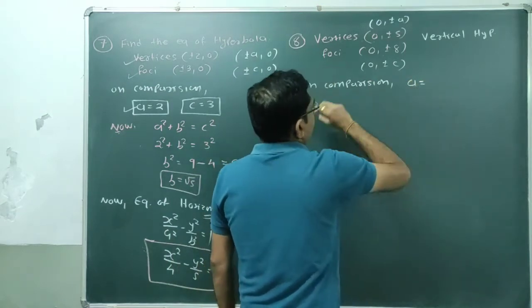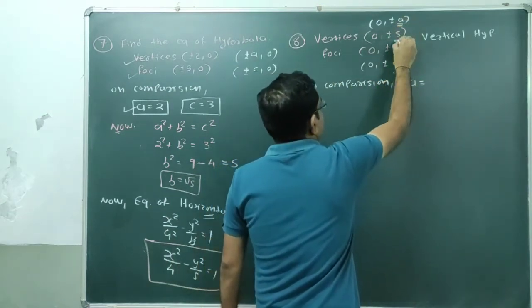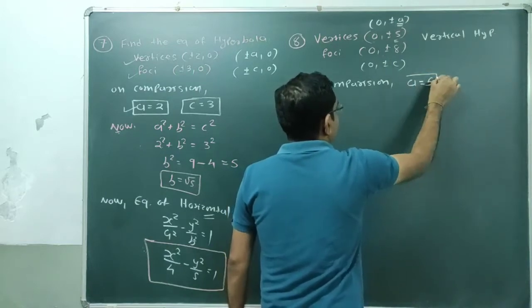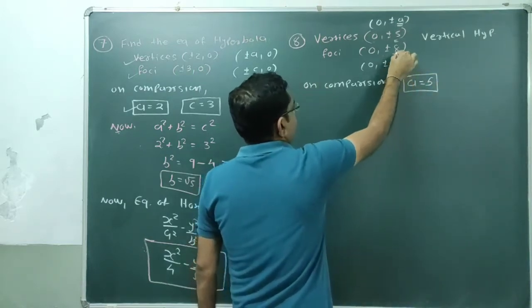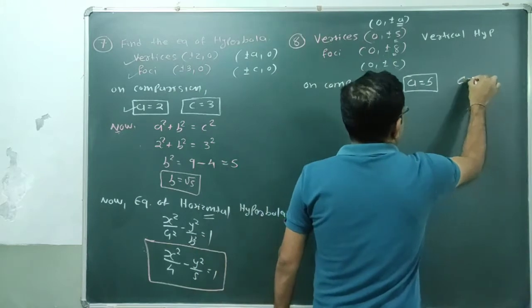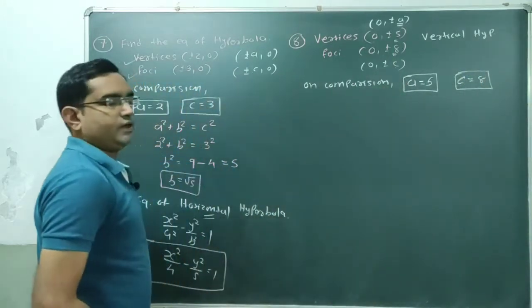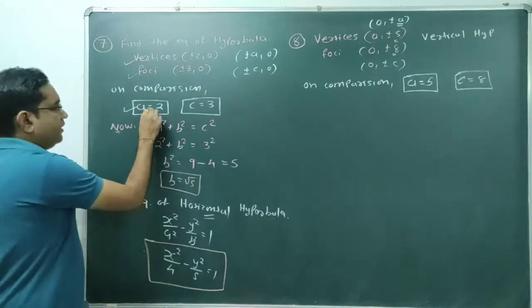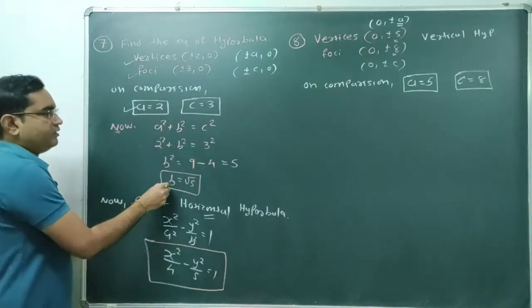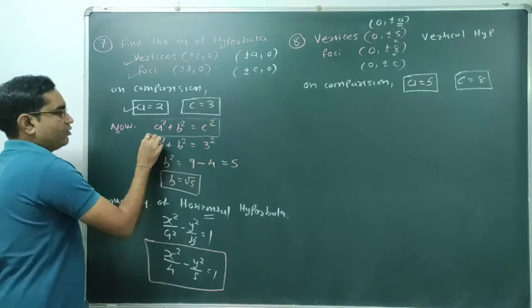The value of a is 5 and the value of c is 8. Then we require the value of b, and for that we have this formula.